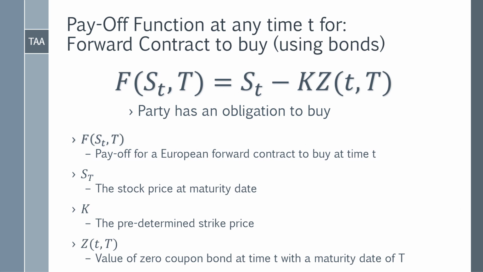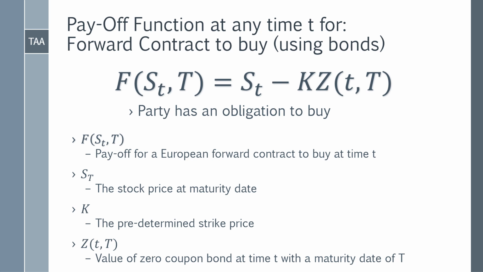So now we'll look at the payoff function for any time t for forward contracts to buy. This is very similar to the last one, except now instead of looking at just the maturity date capital T, we're looking at any time t. So this is very similar to the previous equation, except we multiply the strike price by the value of a zero coupon bond at time t with the maturity date of capital T. The reason we do this is to discount the strike price.